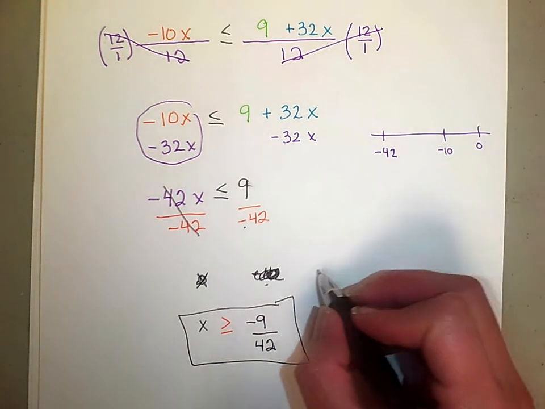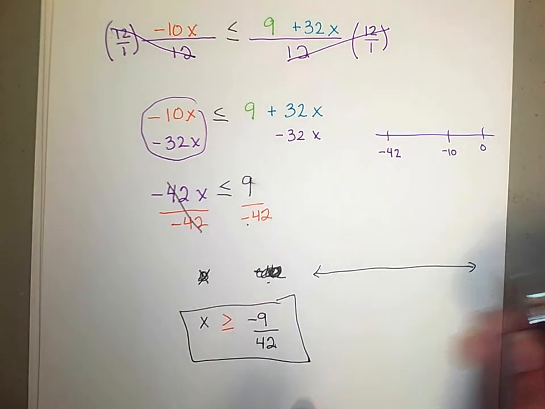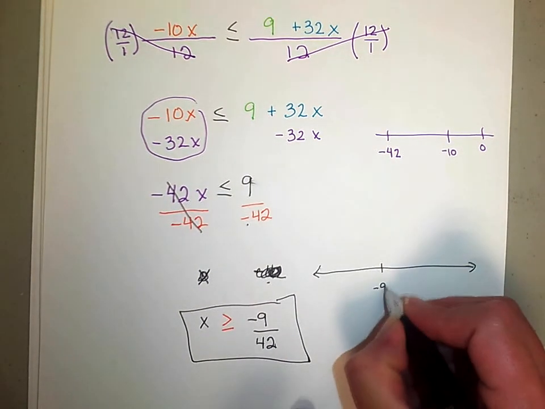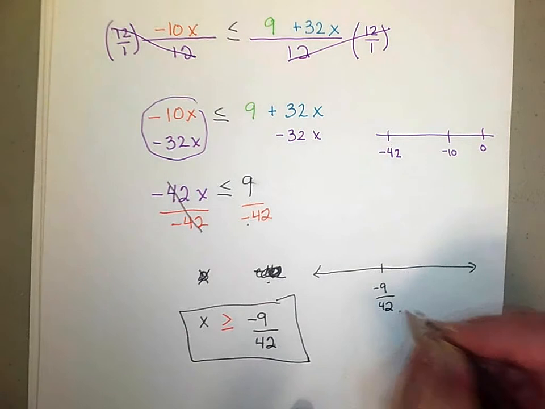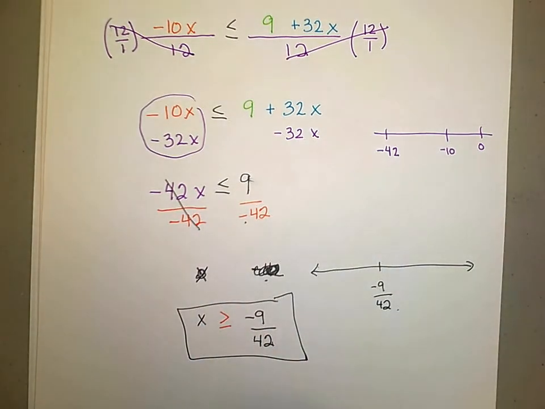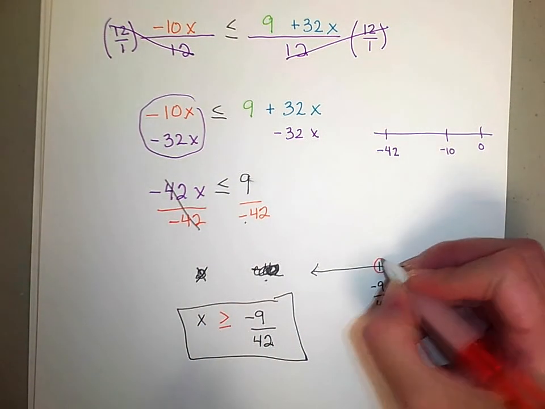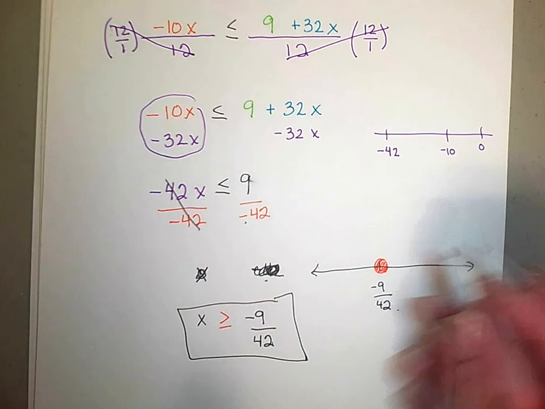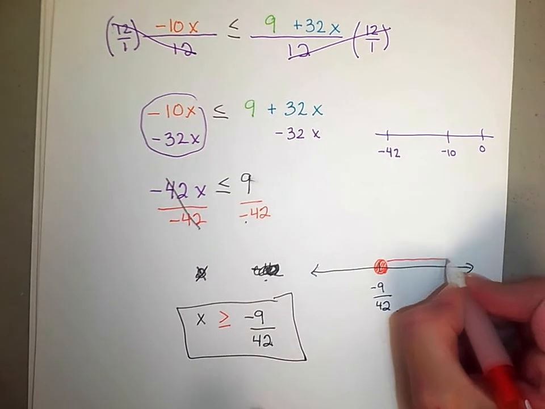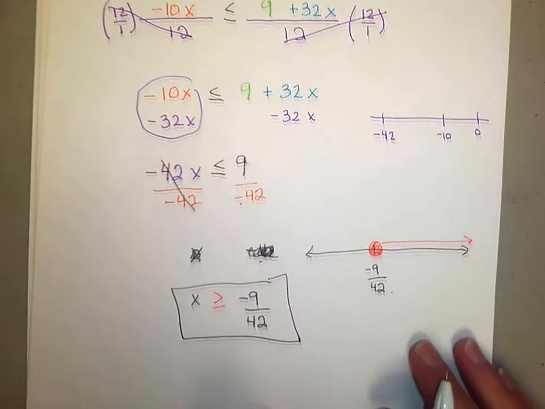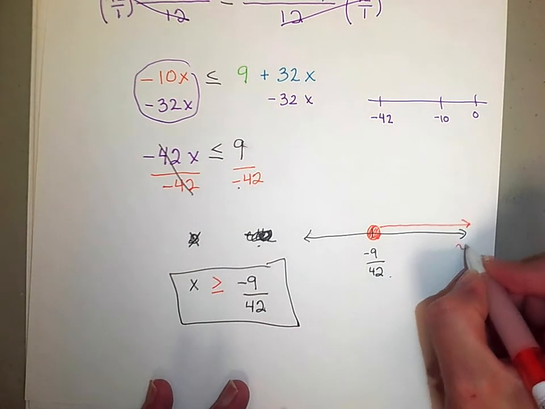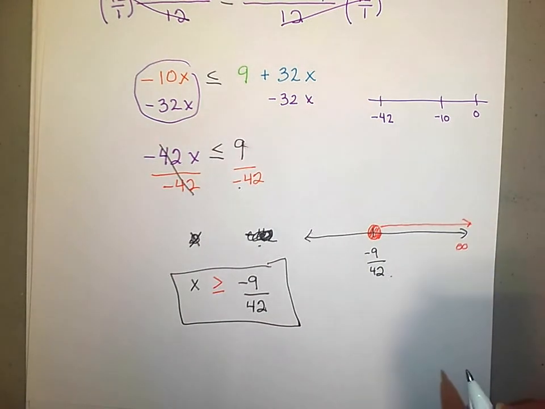And I suppose we should put this on the number line just to remind ourselves. Okay, so negative 9 over 42 is our important value. We need x can be equal to it, or it's going to be greater than. So it would look like so. Remembering over here is positive infinity.